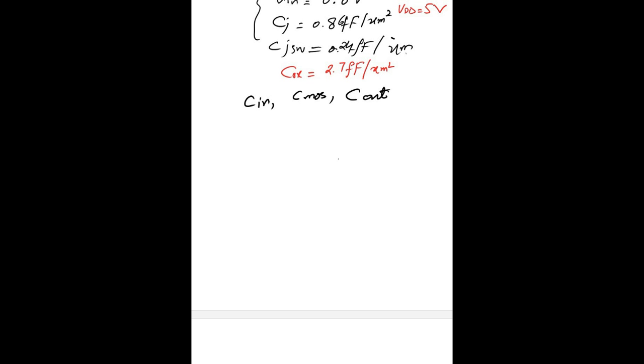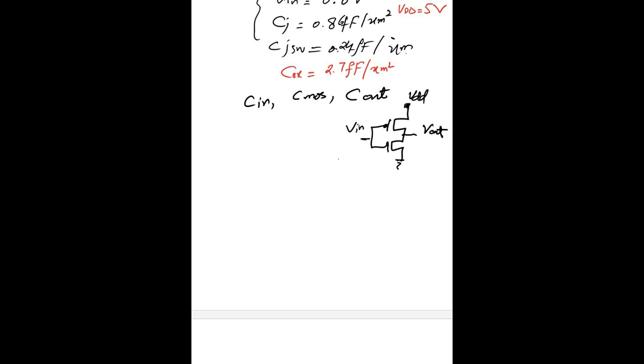What that means is we have to find the different capacitances that are linked with our inverter design. Like we have this inverter here, this is our VDD, this is our ground, we have the input here and we have the output here.